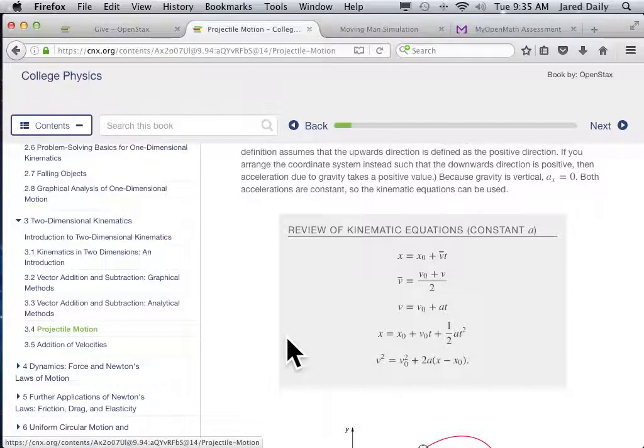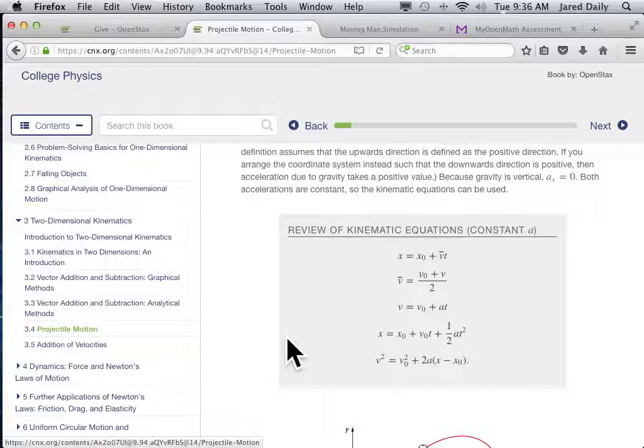Alright, so wherever you put g into these equations, sometimes you put it in as positive, sometimes as negative, or you always put it in as negative. When we put in the variable g, we plug it in as a negative g. When we actually plug in the number, 9.8, we plug it in as positive 9.8.